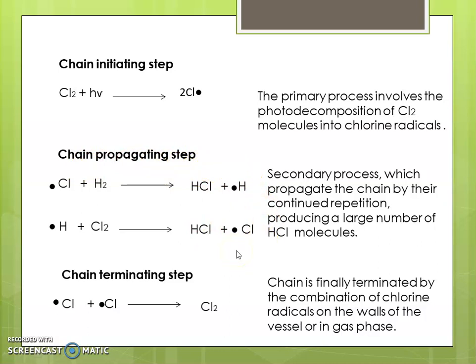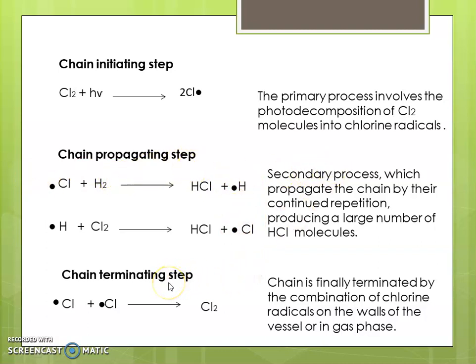These two reactions are chain propagating steps. That is, Cl radical plus H2 gives HCl plus H radical, and H radical plus Cl2 molecule gives HCl plus Cl radical. These two steps are the chain propagating steps, which is a secondary process.